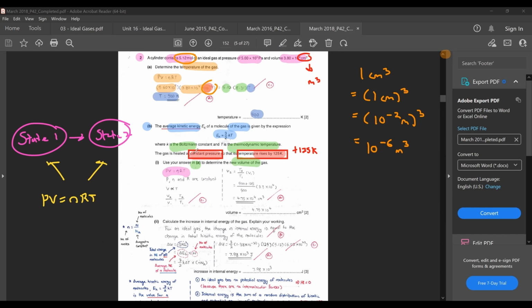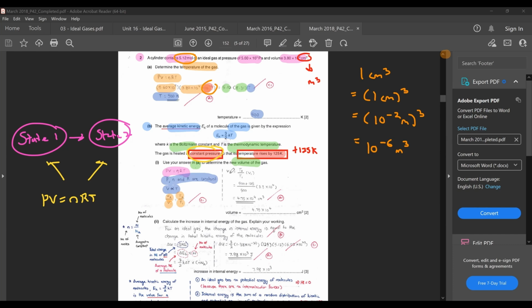First one being constant pressure here. Second one being that it's a closed system, no gas is added or removed, and number of moles is constant, and your molar gas constant itself is constant. So you can say that P, n, and R are constant, such that volume is proportional to temperature. So now V2 over V1 is equal to T2 over T1.